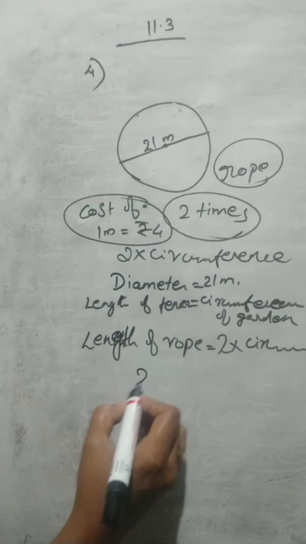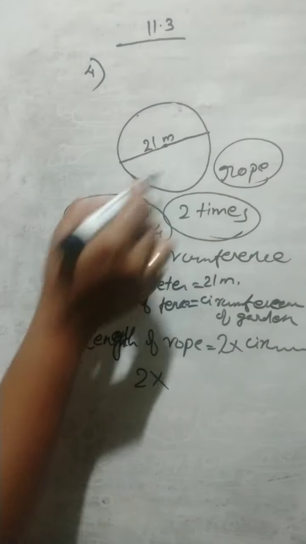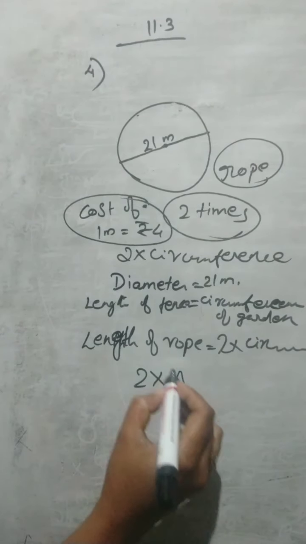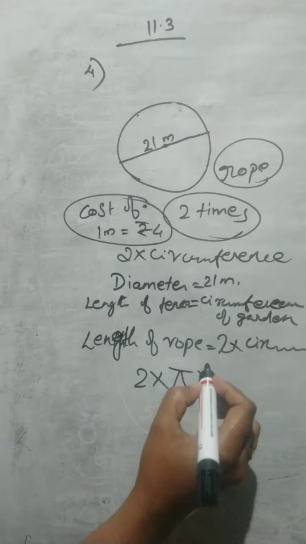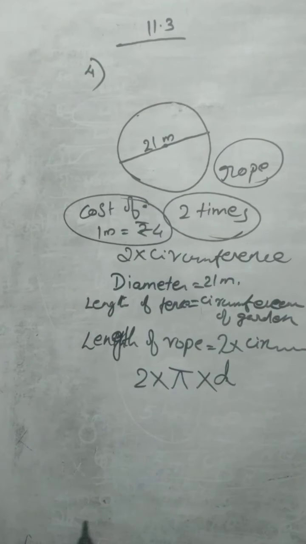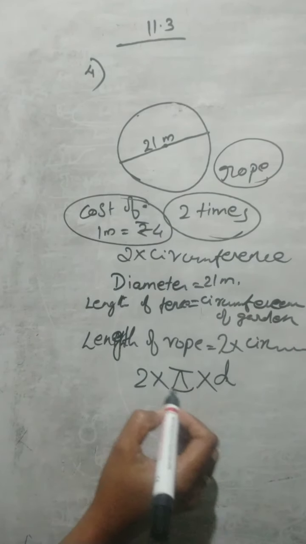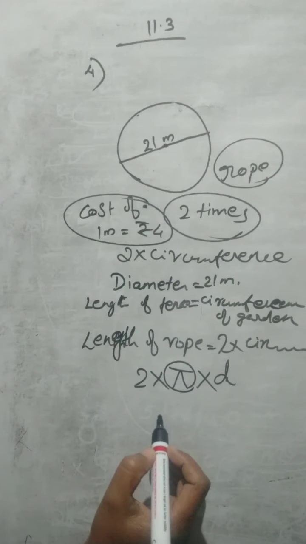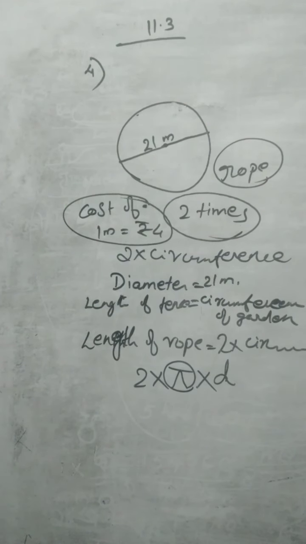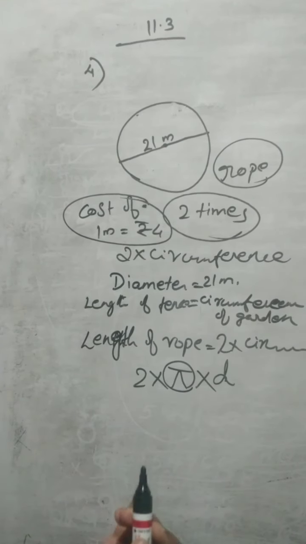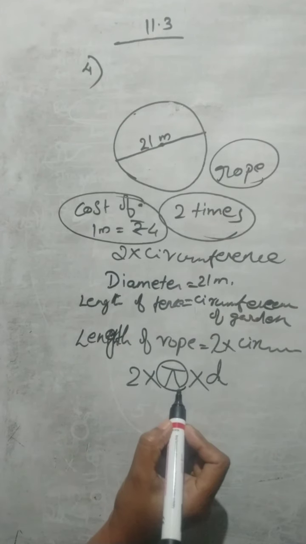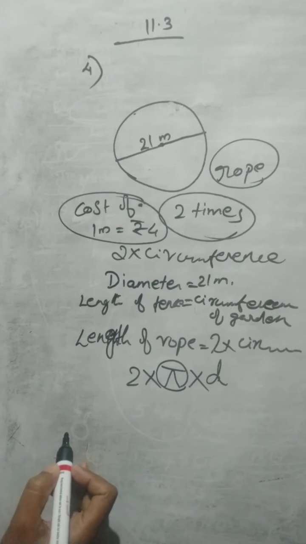Then 2 times, here the diameter is given, pi multiplied by diameter. Here we have to take pi equal to 22 on 7. That is given in the question. We have to consider pi equal to 22 on 7.